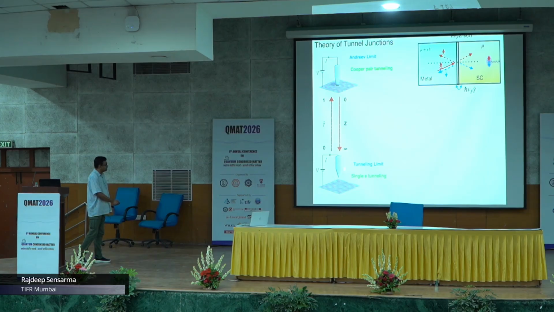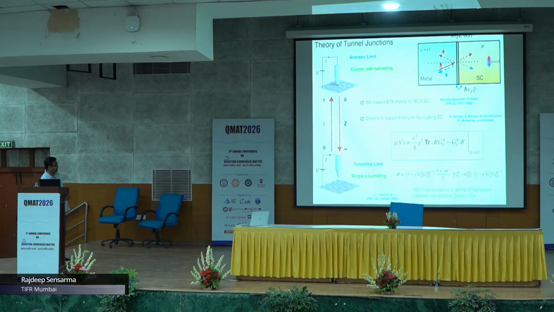When you are taking your STM tip up, this is the Z equal to infinity limit, dominated by single electron tunneling. The weak Andreev ballistic limit is dominated by Cooper pair tunneling, and you can go back and forth between them depending on how much you're pushing your STM junction. There's another way of parameterizing this by asking for an effective tunneling of the electrons across the barrier, gamma tilde, and Z and gamma tilde have some sort of an inverse relationship.